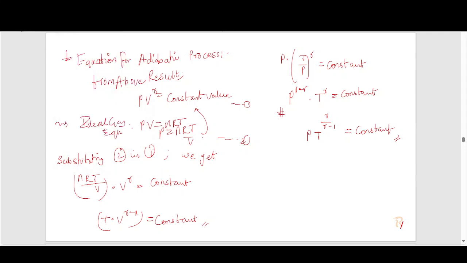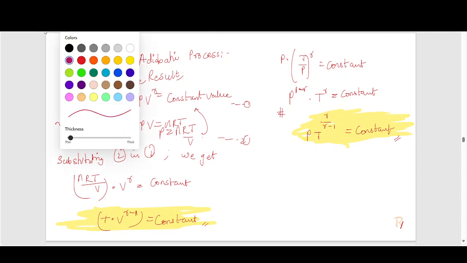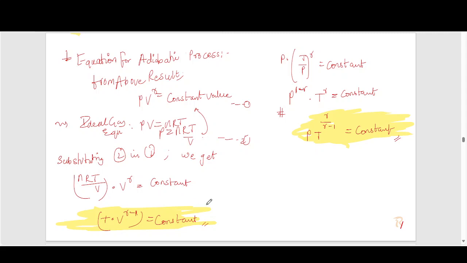Let me highlight this, and this too. Result 1. Result 2. Most important.